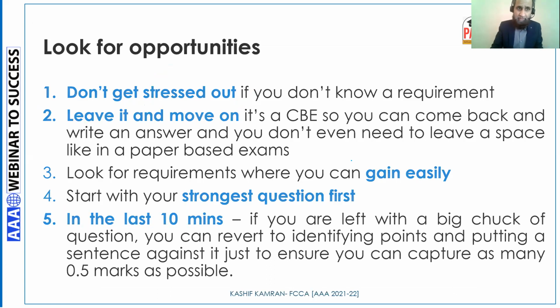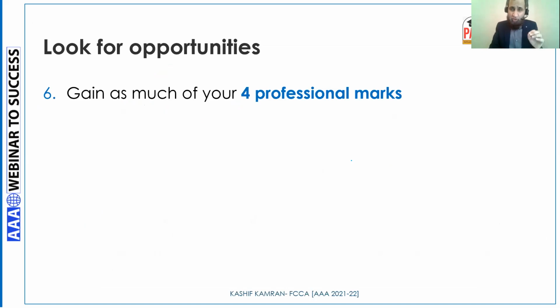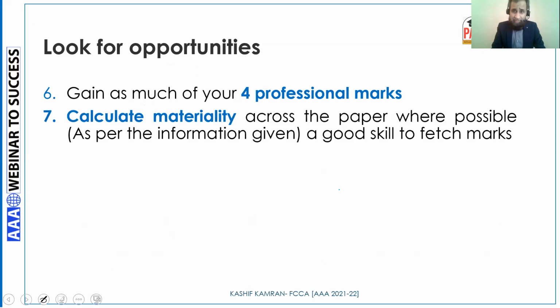Okay, next. Gain as much of your 4 professional marks as you can. Please try to improve your ability to score professional marks, like 3 out of 4 or 4 out of 4. I've given you guidance on professional marks on day 1 and 2, and even in my previous webinars. Calculate materiality across the paper where possible; it is a good skill to fetch marks. Don't lose this. Wherever you think materiality can be calculated, do it, even though the cap in the first question has been exhausted.